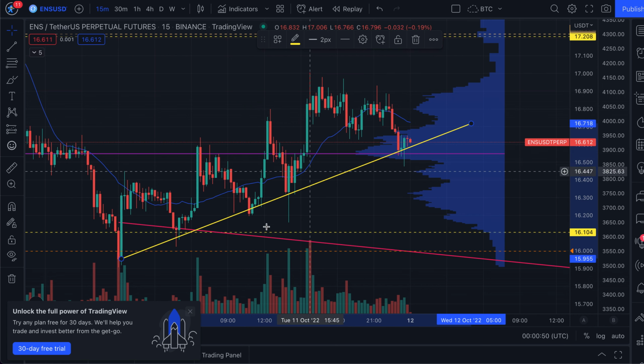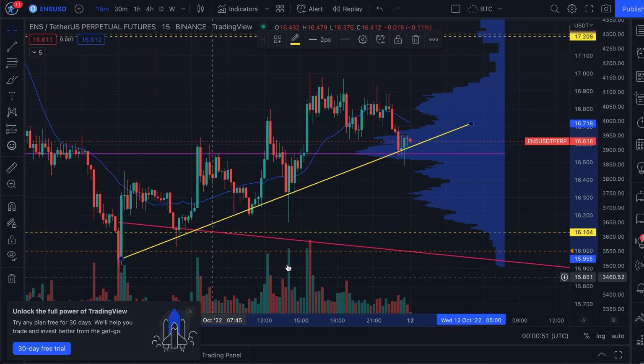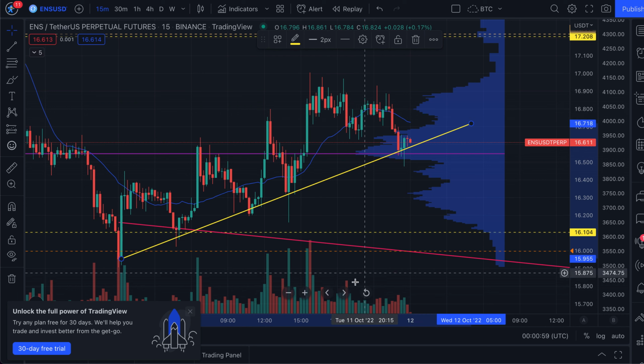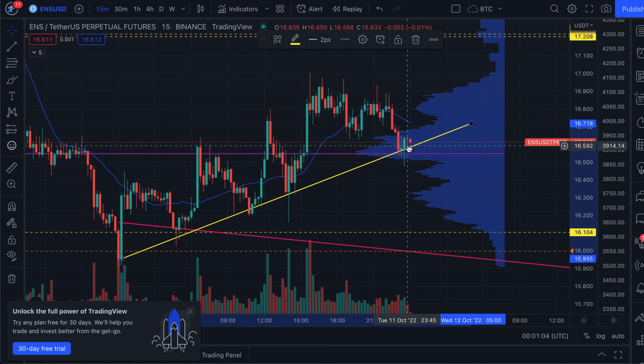It had quite a bit of increased volume on its way up, and it did take a break and started to break down below that 15 MA, but it did so on very low volume. So I'm basically just waiting for this to bounce.